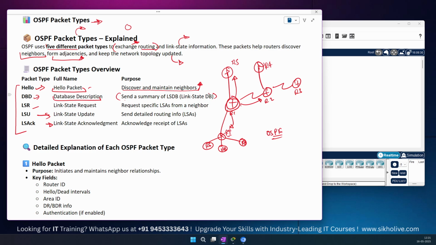If there is anything missing in the database description, then LSR will happen.